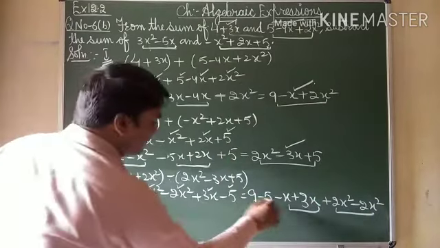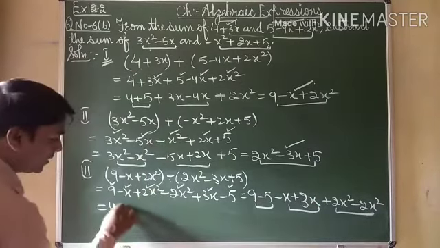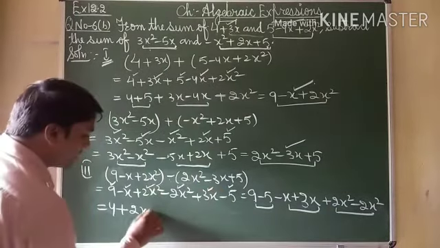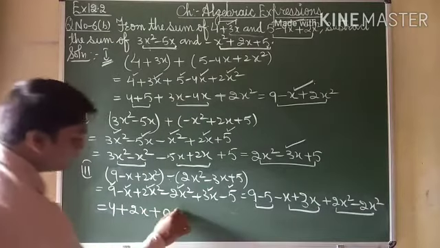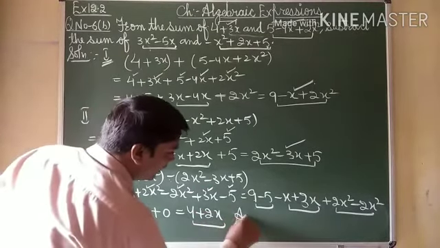Now 9 minus 5 is equal to 4, minus x plus 3x is equal to plus 2x, 2x square minus 2x square is 0. Therefore 4 plus 2x is the required answer.